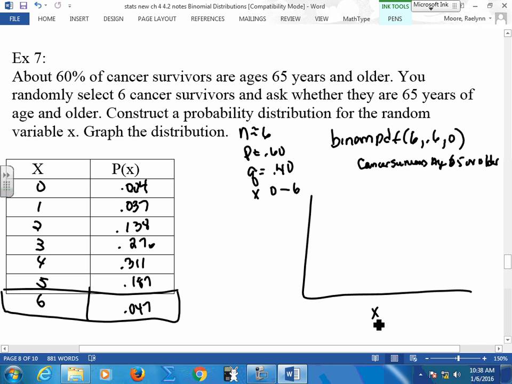This represents the number that said yes to, are you 65 years or older? Instead of putting your relative frequency on your y-axis, just put your P of x, your probability. It's the same as your relative frequency. And again, you have to start with your 0 over here because you need a bar for each one.